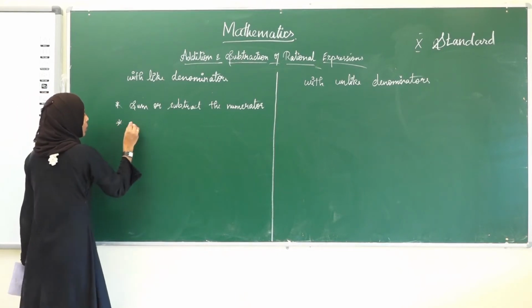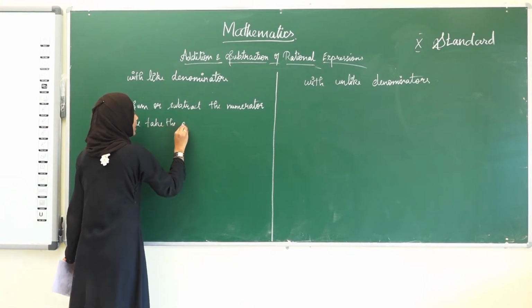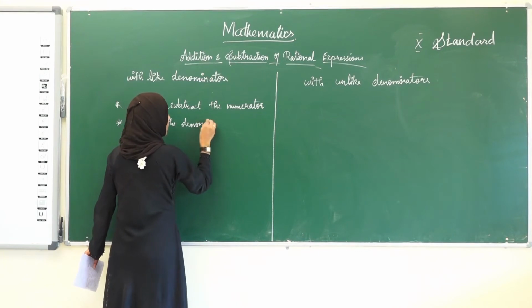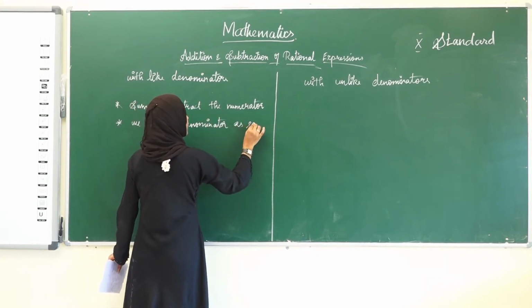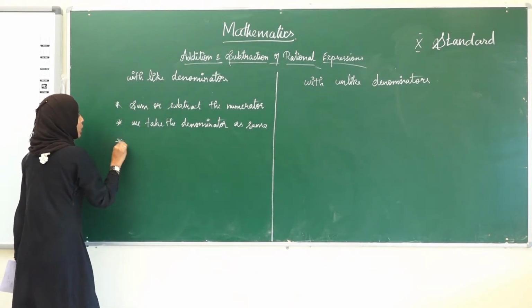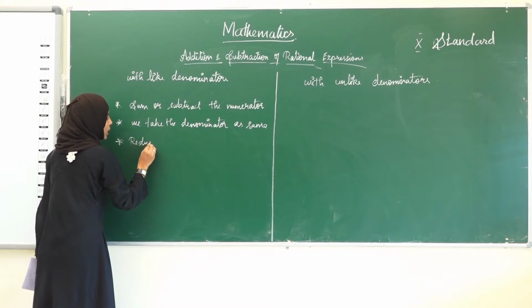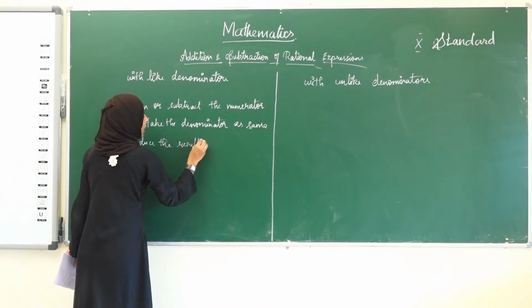Then we take the denominator as the same as what the two rational expressions contain, and then we reduce the resulting expression.